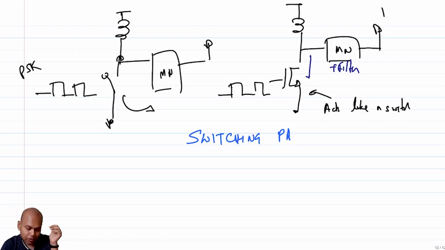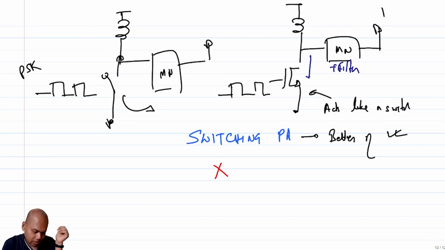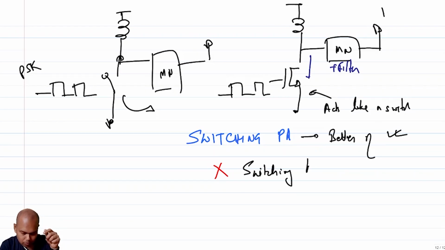So switching power amplifiers have better efficiency, but the bad thing is they have switching harmonics, which need to be filtered out. So almost always, if linearity is a very big concern, or out of band emission is a big concern, people generally don't tend to use class D, switching power amplifiers.